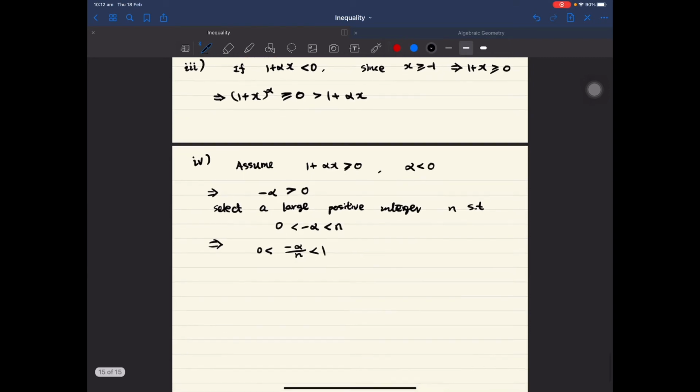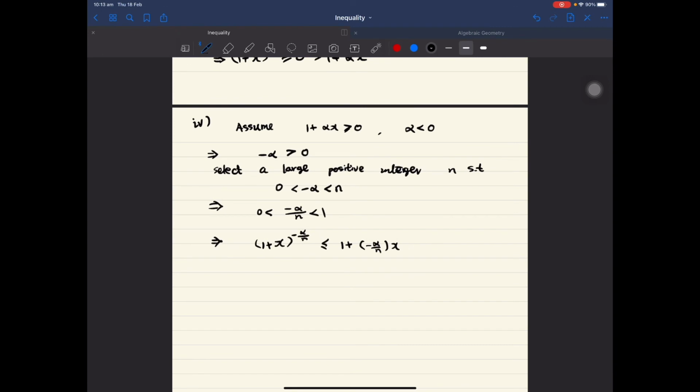So by using the result we just proved, we got (1 + x)^(minus alpha over m) is less than 1 + (minus alpha over m) x. That is equal to 1 minus alpha over m x.